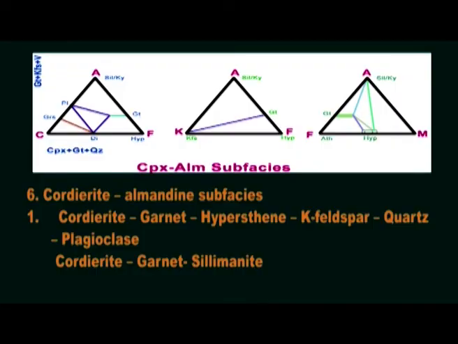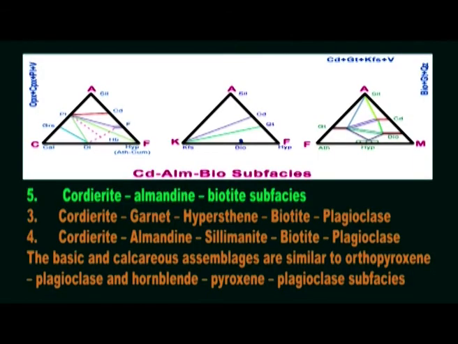The typical pelitic assemblages of the cordierite-almandine subfacies are: first, cordierite, garnet, hypersthene, potash feldspar, quartz, plagioclase. Second, cordierite, garnet, sillimanite. Third, cordierite, garnet, hypersthene, biotite, plagioclase. Fourth, cordierite, almandine, sillimanite, biotite, plagioclase. The basic and calcareous assemblages are similar to the orthopyroxene-plagioclase and hornblende-pyroxene-plagioclase subfacies.